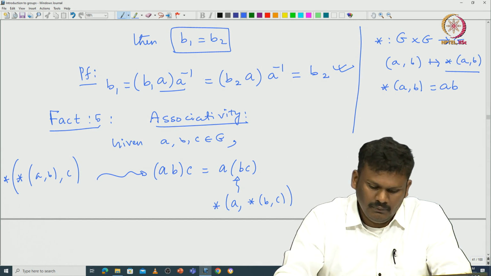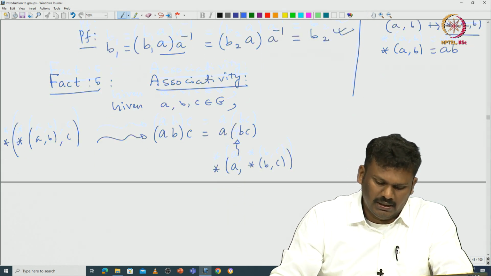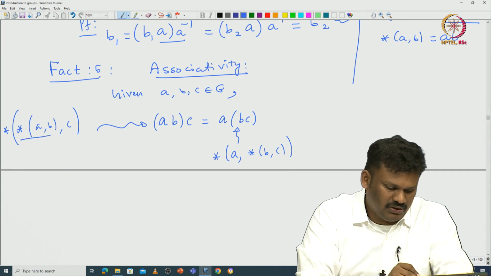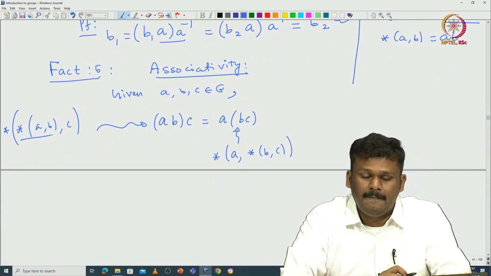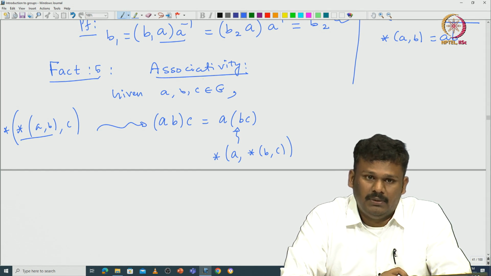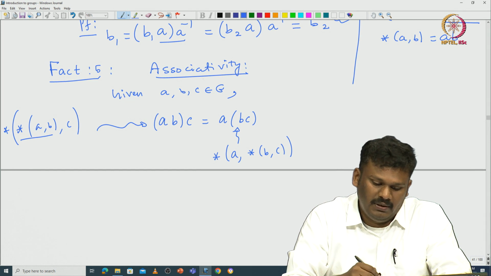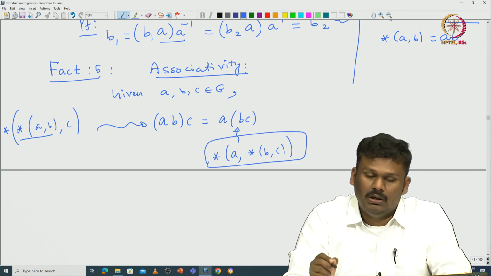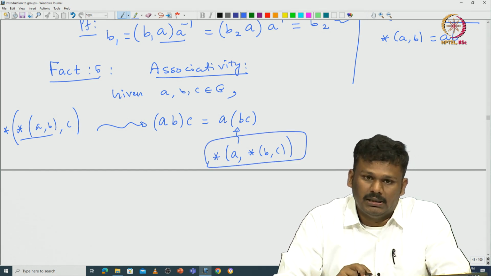But you can see that, first you are taking some image of AB and then considering the image of this image of AB comma C. So that could be very different from what is on the right side.